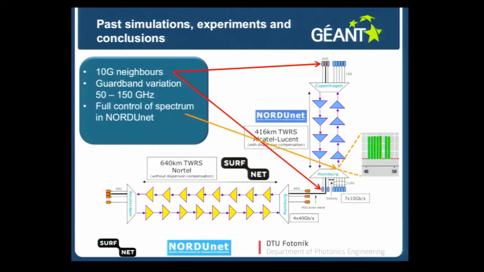And that is a big advantage in the system that we have in NordNet, that we have full control over the spectrum, and we can monitor the power with quite okay accuracy. That of course needed also to be somehow supported by the simulations we have done.